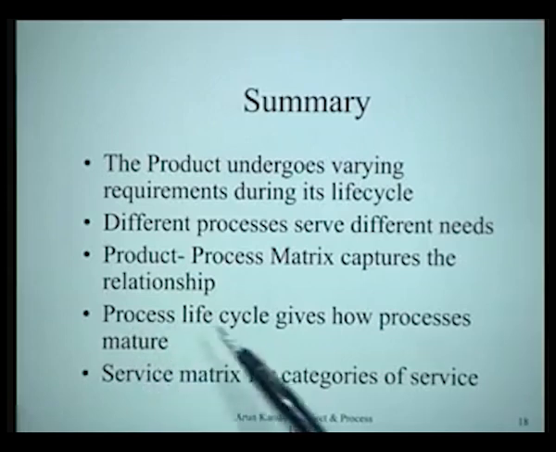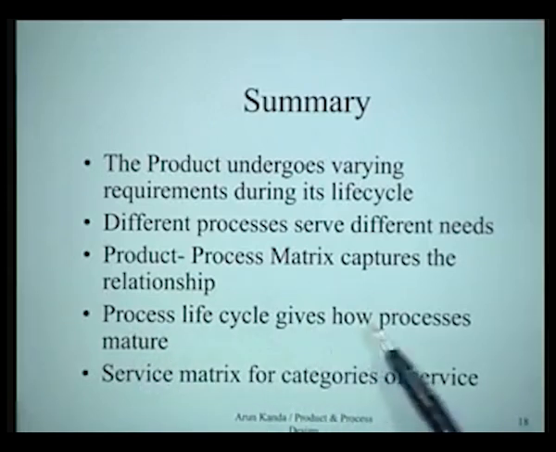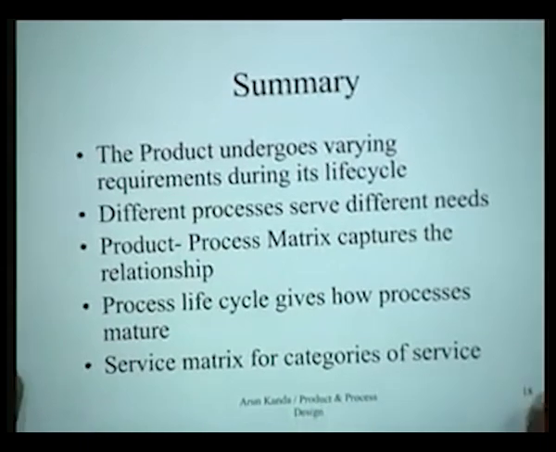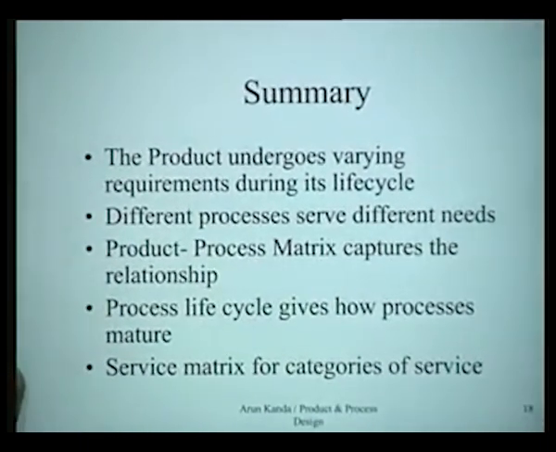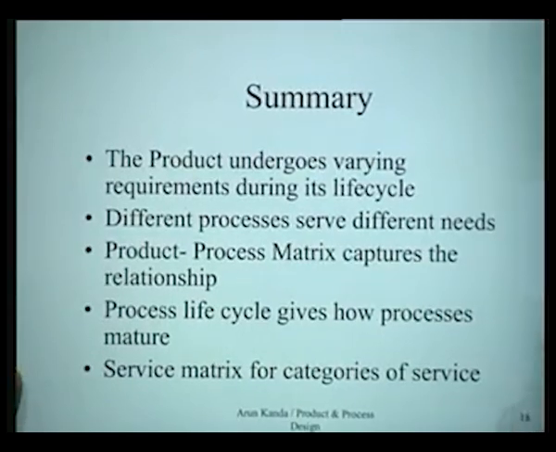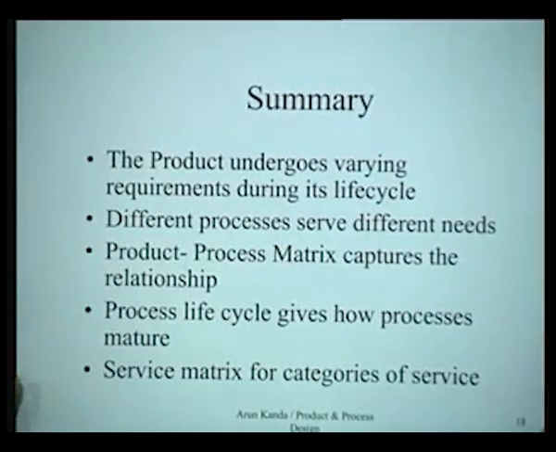Then we looked at the process life cycle, which talks about how processes mature. That means the nature of the process keeps changing depending upon how products have grown. We finally looked at the service matrix for categories of service, meaning thereby that we had different kinds of service depending upon whether it is labor intensive or whether it is capital intensive, and then depending upon the element of customer contact.